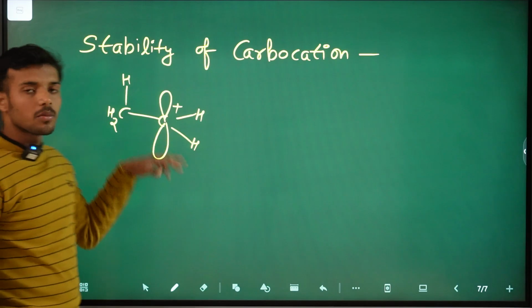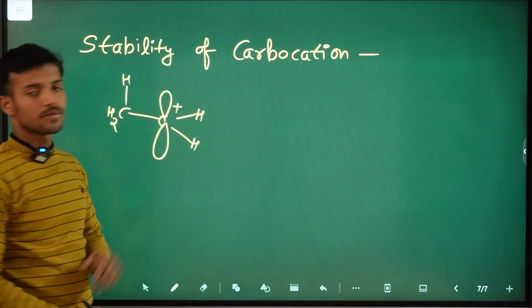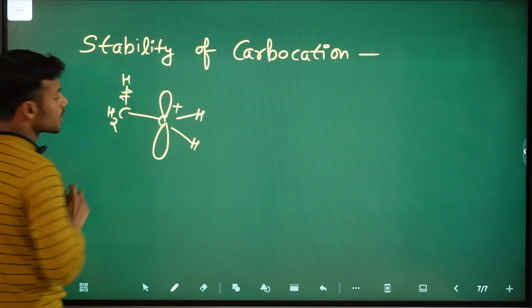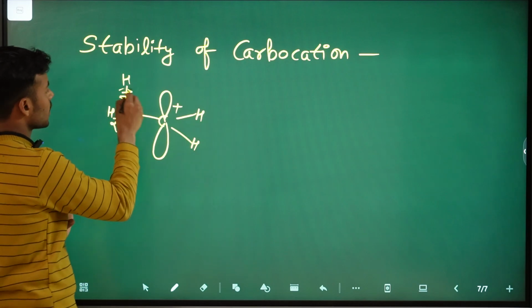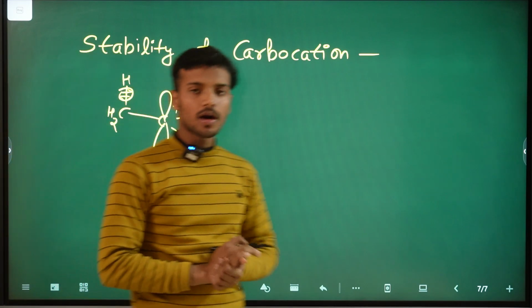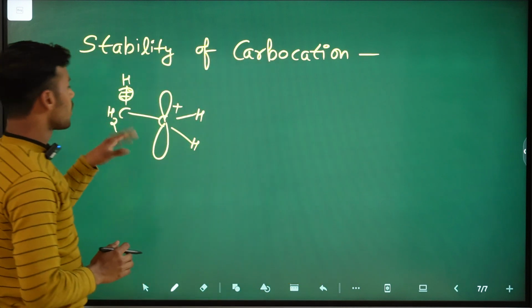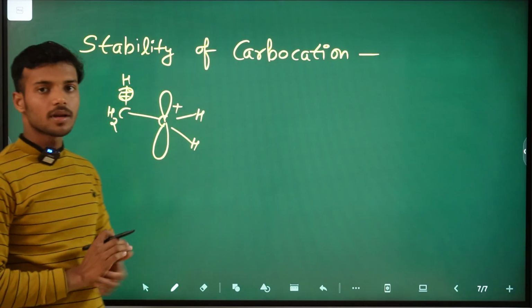The carbon of a carbocation is electron deficient, so it wants electron density. So what will it do? It will interact with alpha CH electrons. So if the number of alpha hydrogens increases, then the delocalization of positive charge also increases.